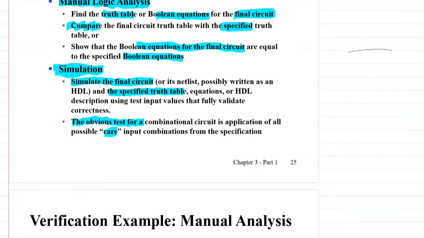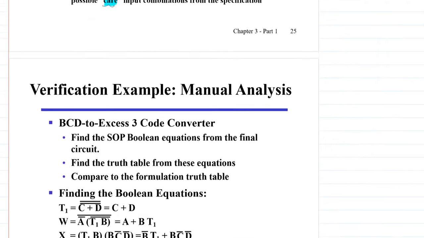So we will simulate the combinational logic circuit, apply all possible care input combinations, and then observe the outputs. If those outputs are what we should have, referring to the specification that we had at the beginning, then we are fine. If they don't match, then it means that there are issues.